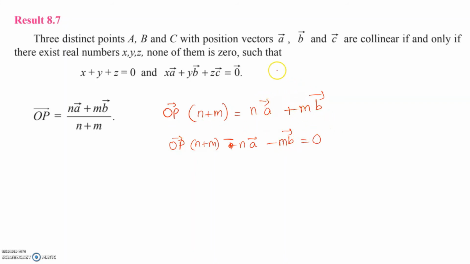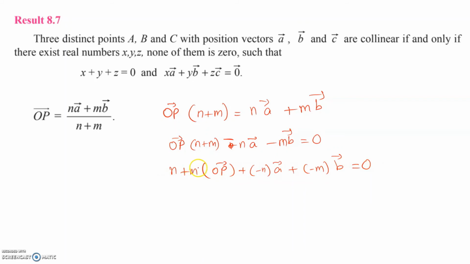Okay, moving these two to the other side. So we can say n plus m OP vector plus of minus n A vector plus of minus m B vector is equal to 0.